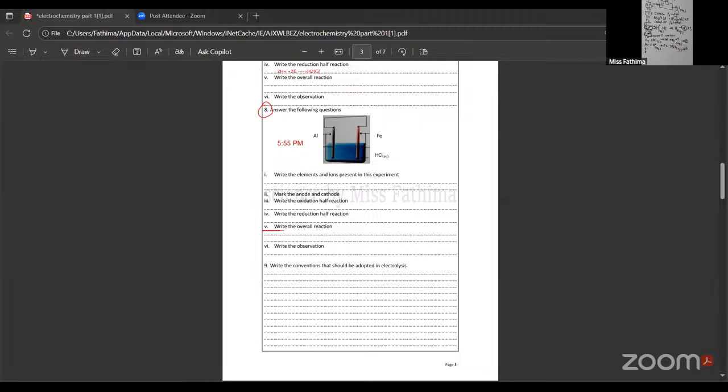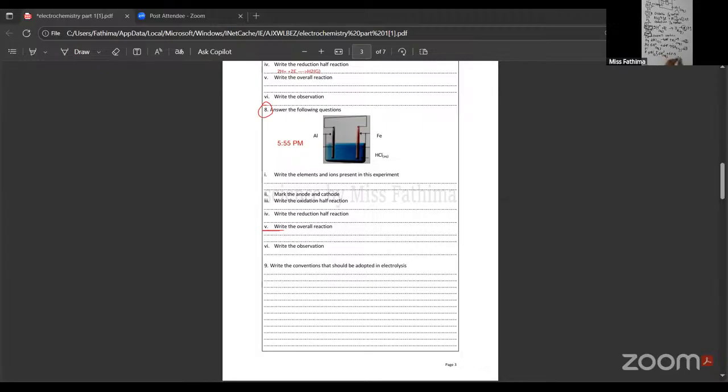Now what do you do? You cancel the electrons value. 6 and 6, you can cut it off. Why? Because those two are the same numbers, right? When you cut it off and write the remaining, that is going to be the answer, right? 2 aluminium solid plus 6H plus aqueous plus 6 electrons.